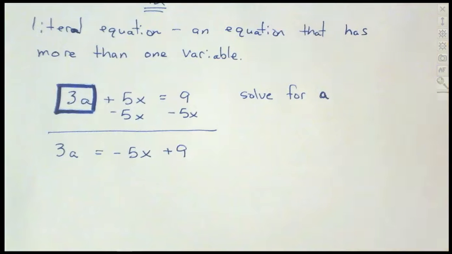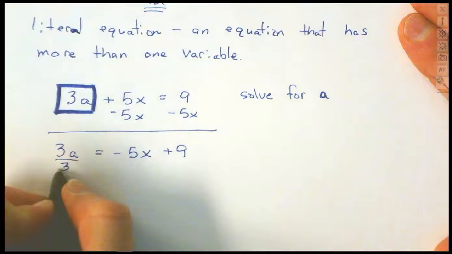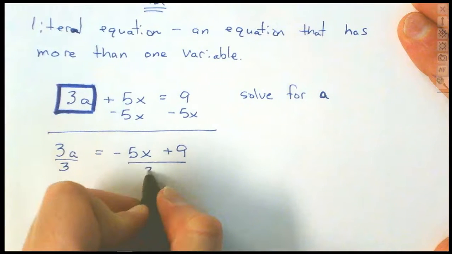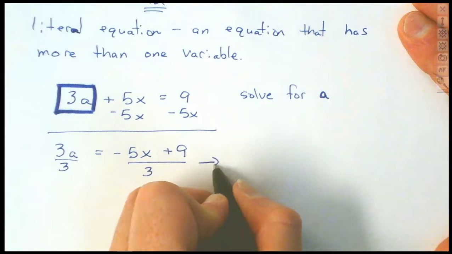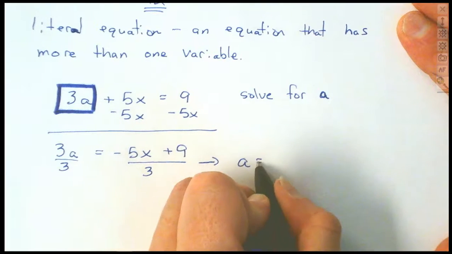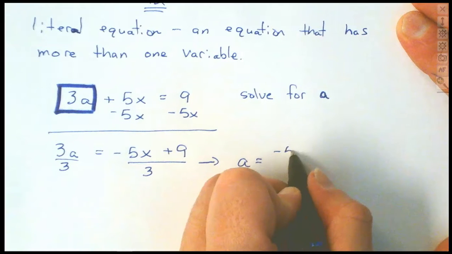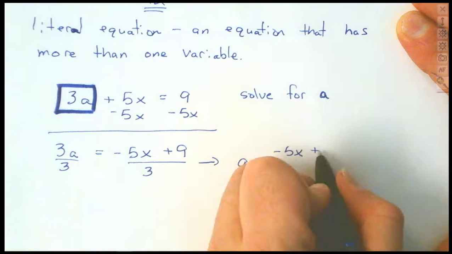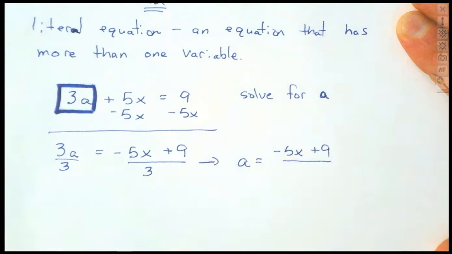Now we should know what to do, right? We're solving for a, so I want to get the a by itself. What do we have in front of the a? We have a 3. So how do we get rid of it? Divide. And then we simply rewrite that now as a equaling minus 5x plus 9 over 3.